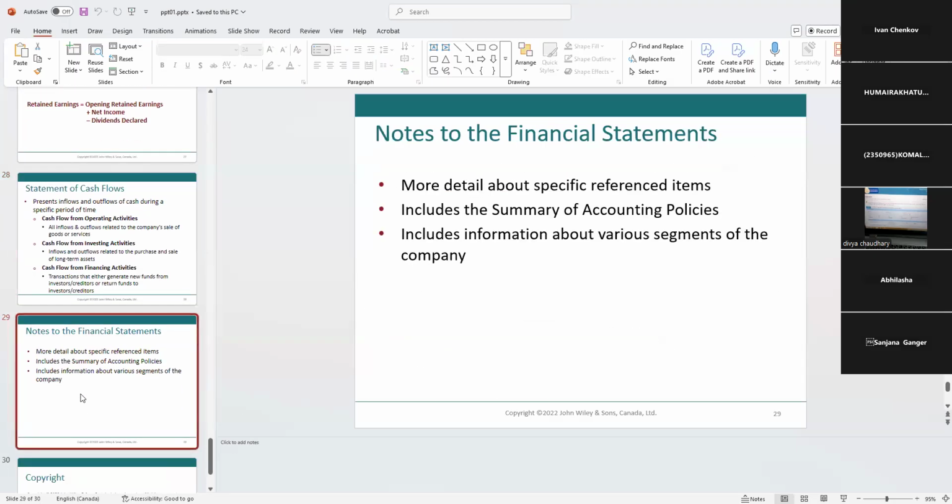The last piece of the five elements of the financial statements is the notes to financial statements.